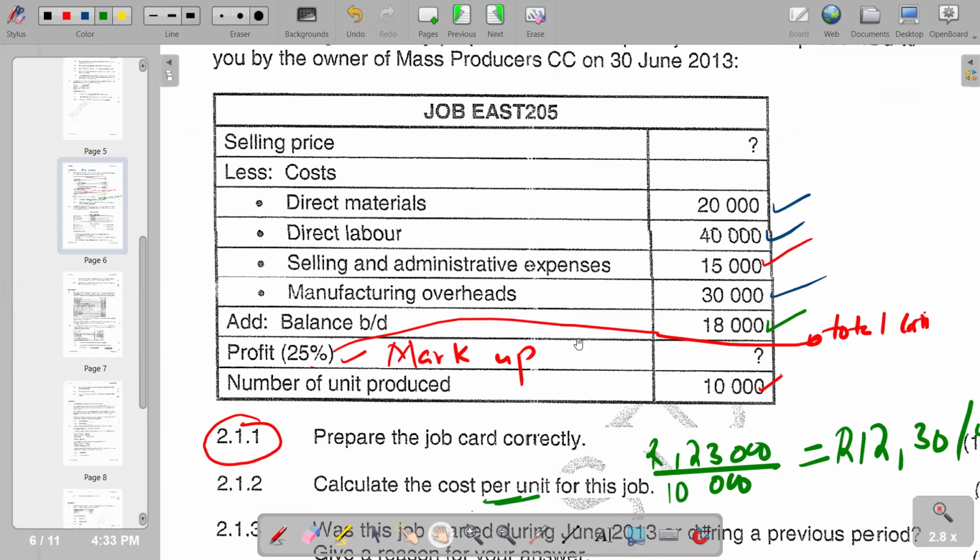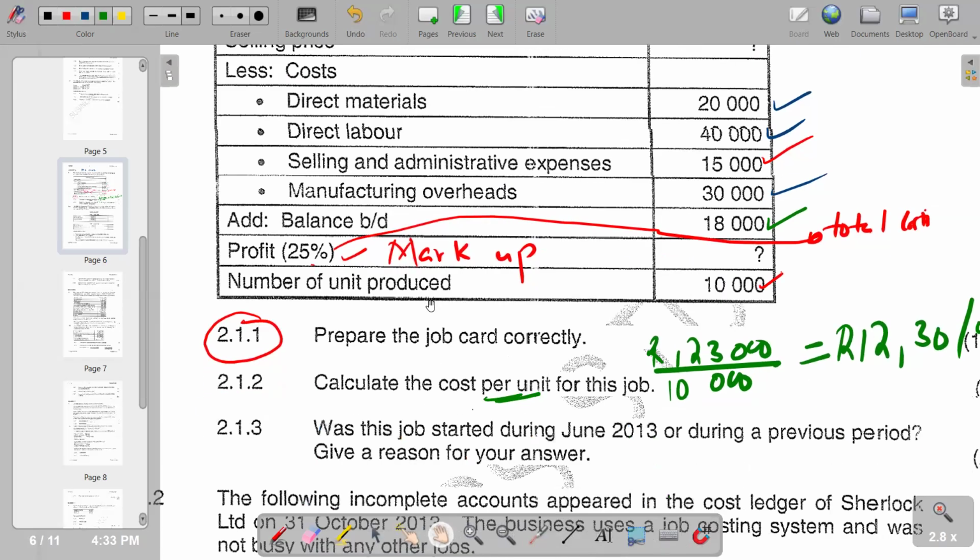Balance BD means this balance of 18,000 was being carried from the previous period. So we are saying it was a balance brought forward from the previous period, which indicates that it is coming from another period, and it was started in the previous period. So basically, this is going to be our explanation on this part.